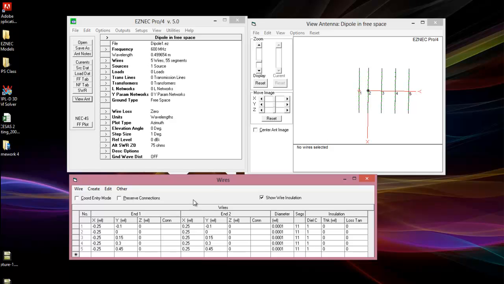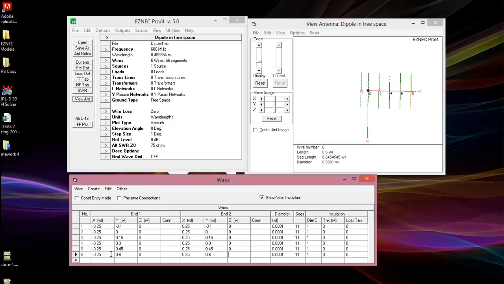Okay, so it's 5, 6, 7. We need another 2, so it's 0 0.25, 0 0.60, 0, 0 0.25, and 0 0.60. Enter.